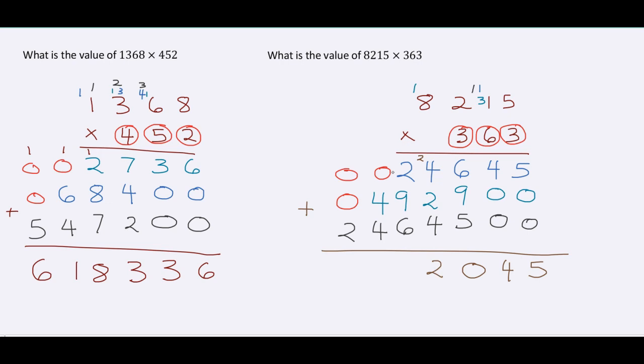I have a 2, carry up a 1. 1 plus 2, we have 3. Plus 9, 12. Plus 6, 18. So we have a 8 right here, you carry up a 1. 1 plus 0, 1. Plus 4, 5. Plus 4, 9. 0 plus 0, 0 plus 2, we have a 2.